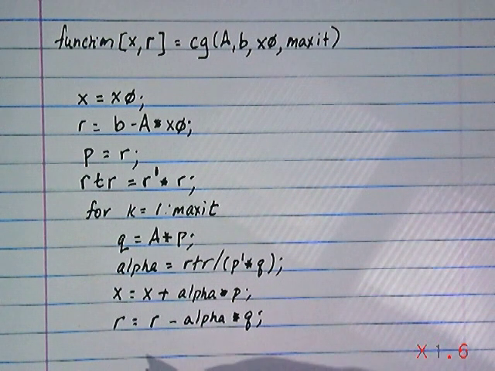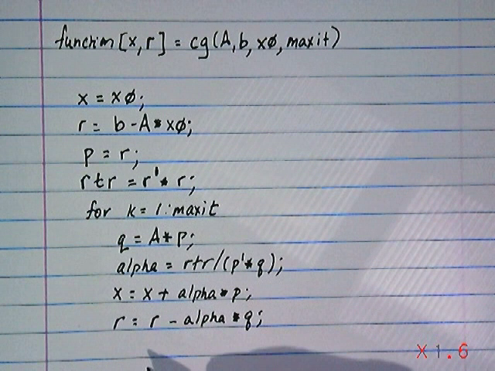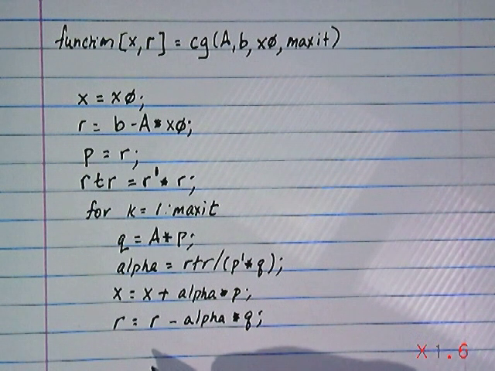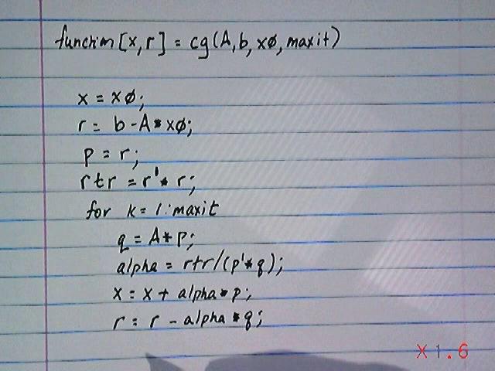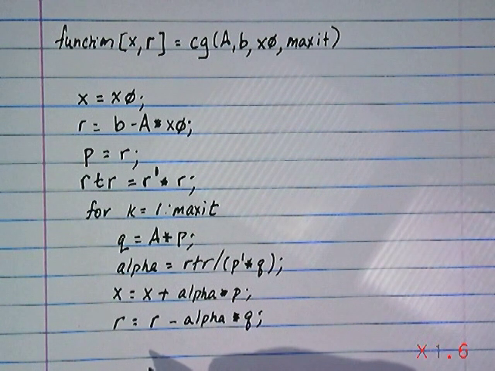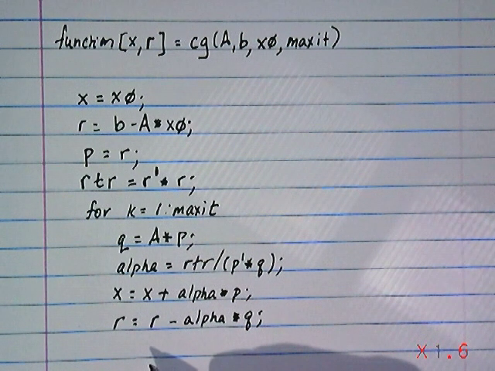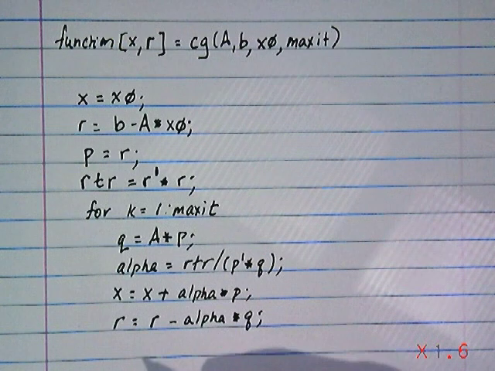And again, for beta purposes, we have to have the old iterate R sub k, the 2 norm of R sub k, and then also in the numerator we're going to need, remember, the 2 norm of R k plus 1.